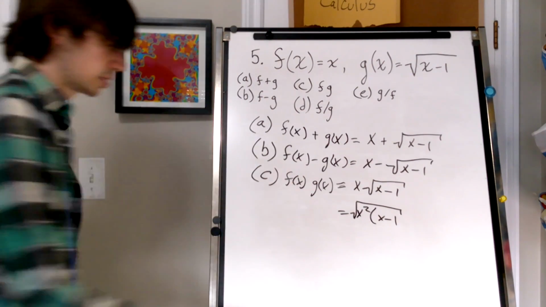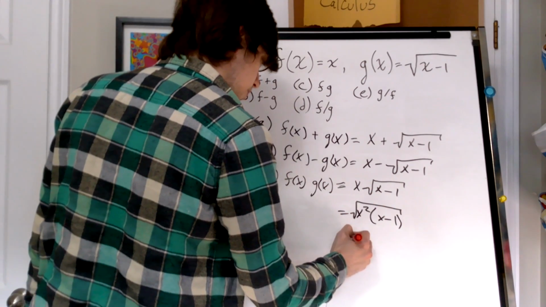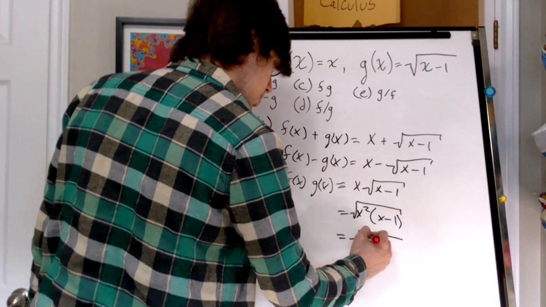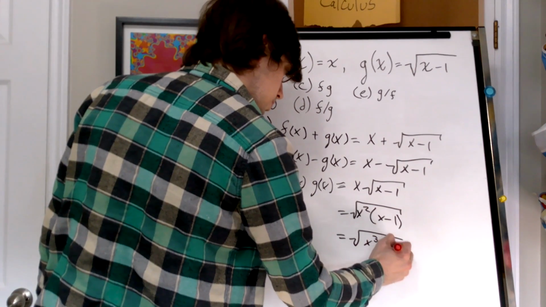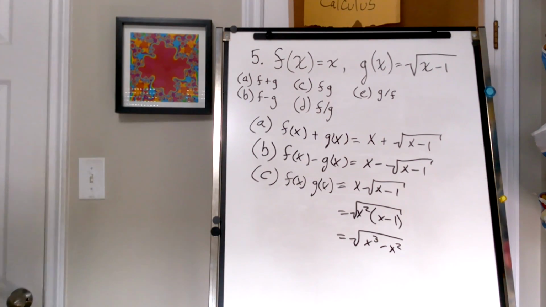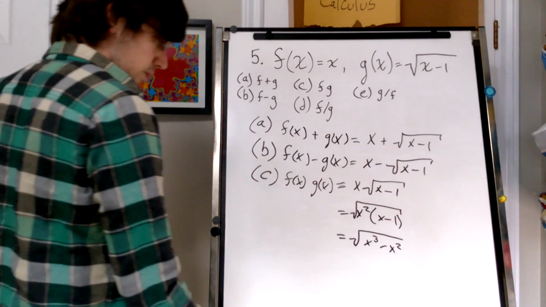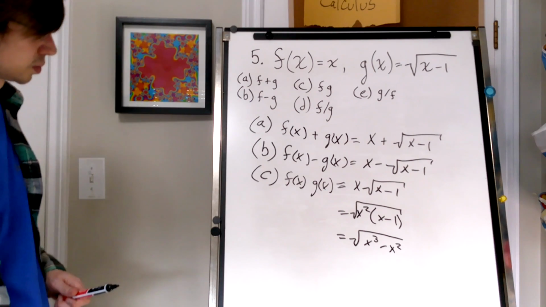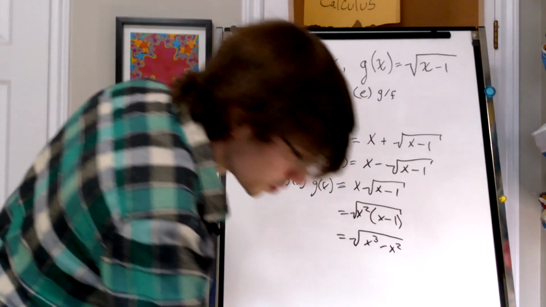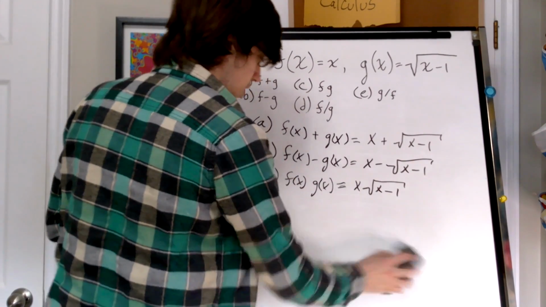Like that. Oops, put a bracket there. And then it would have been foiled in at some point. So you can write it like that. But let's just keep it like that.